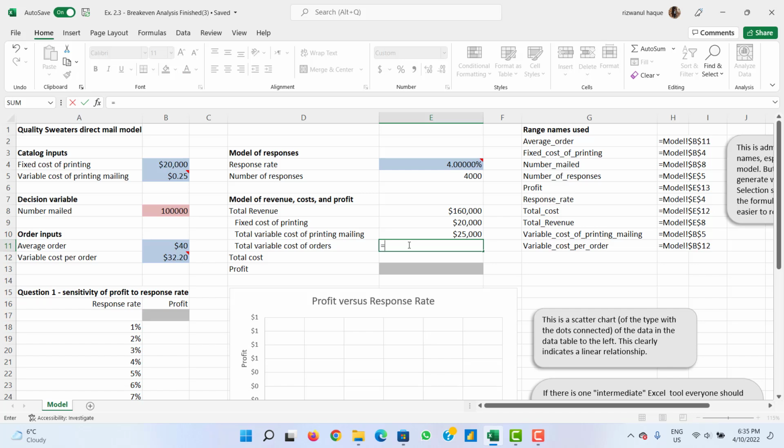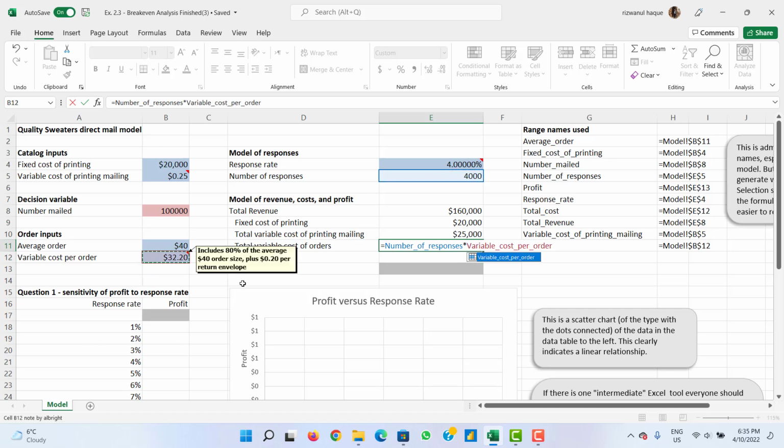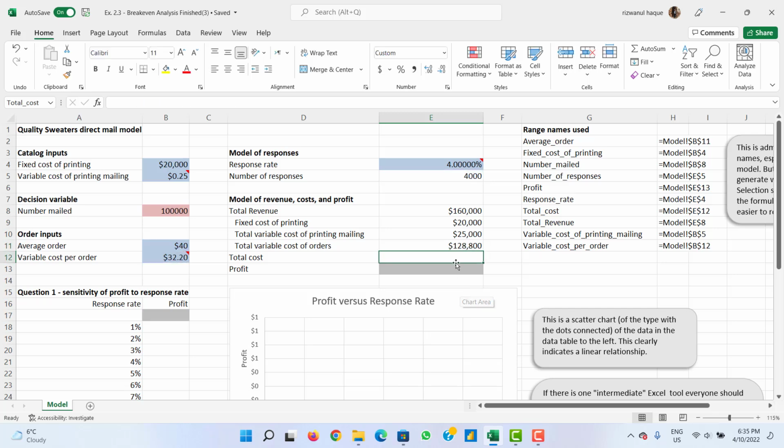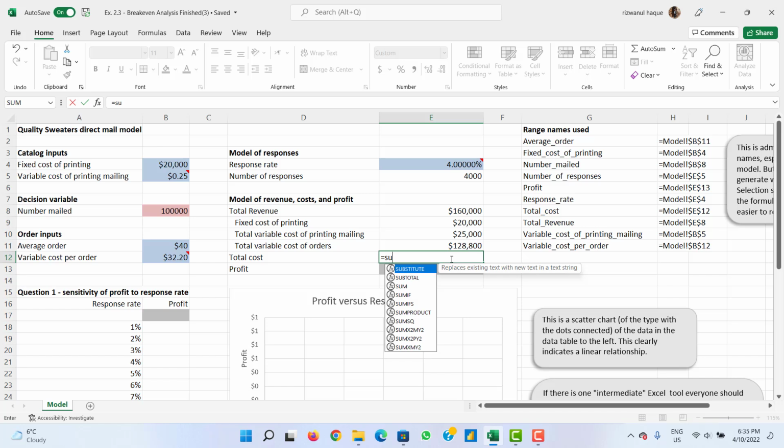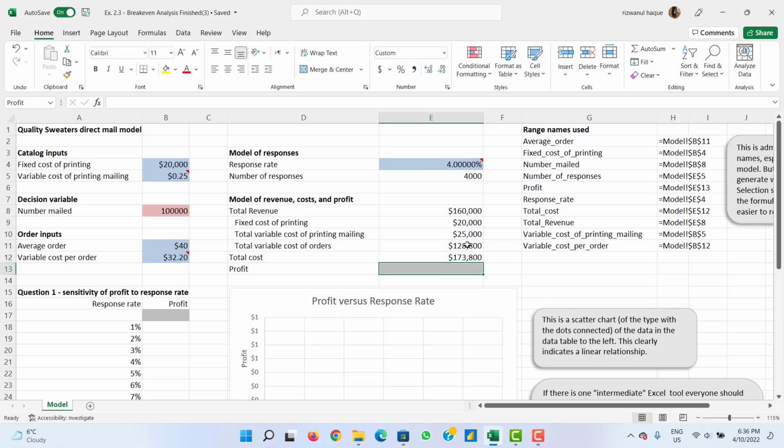So people who actually make an order, so it should be number of responses multiplied by variable cost. And now I can sum the total cost and can have a revenue.